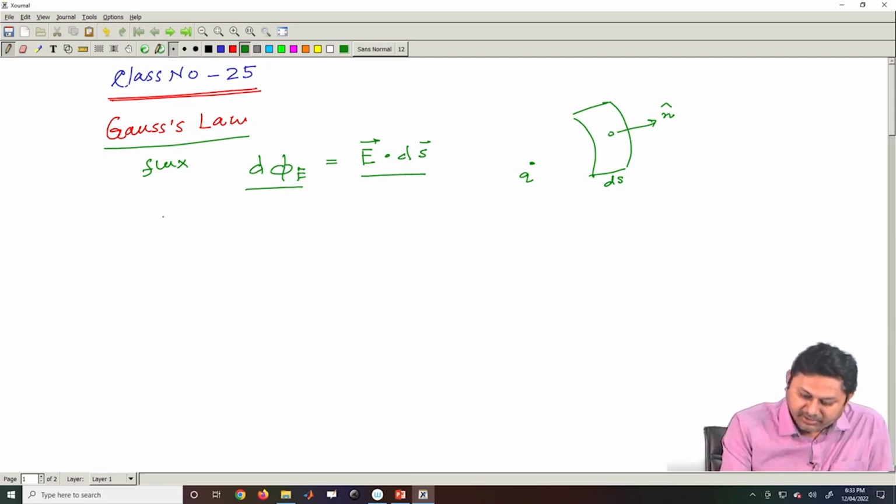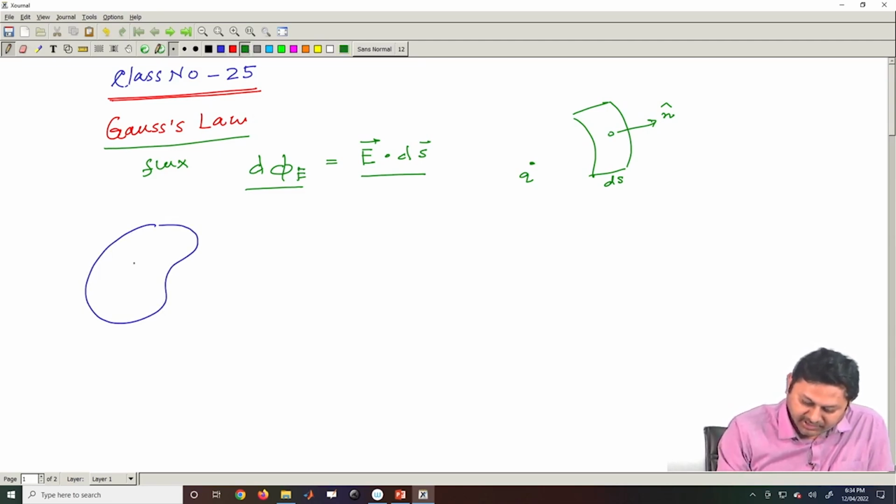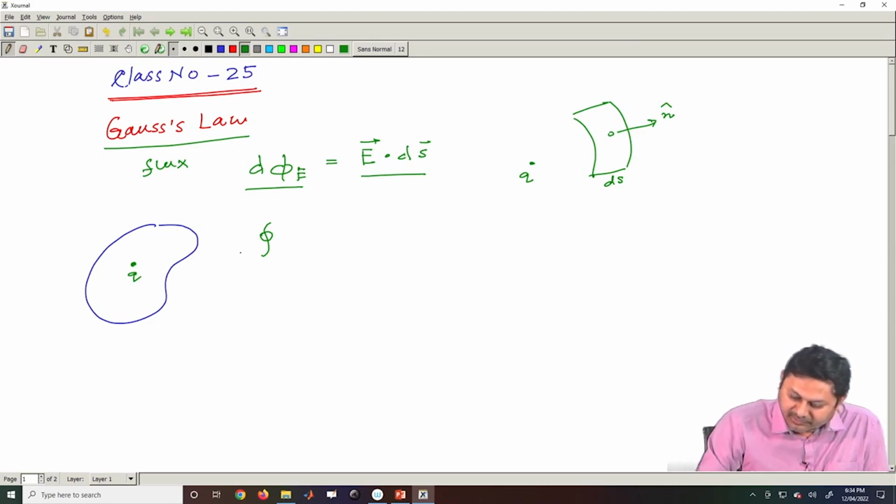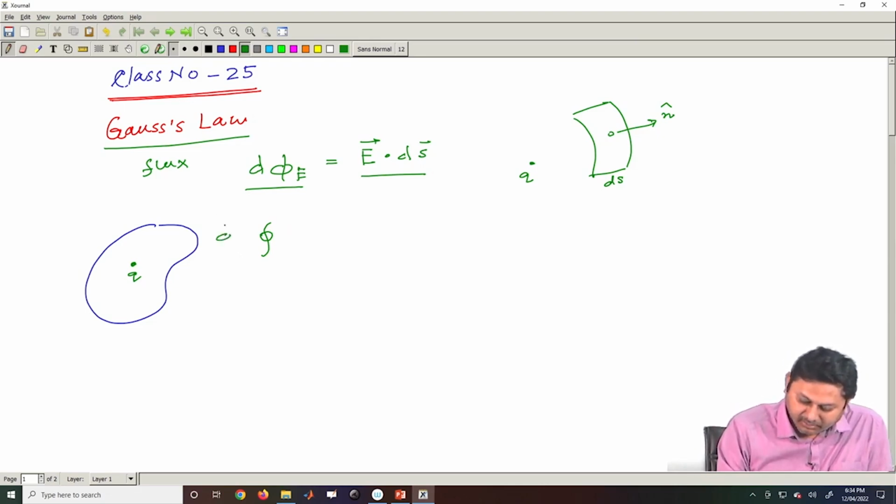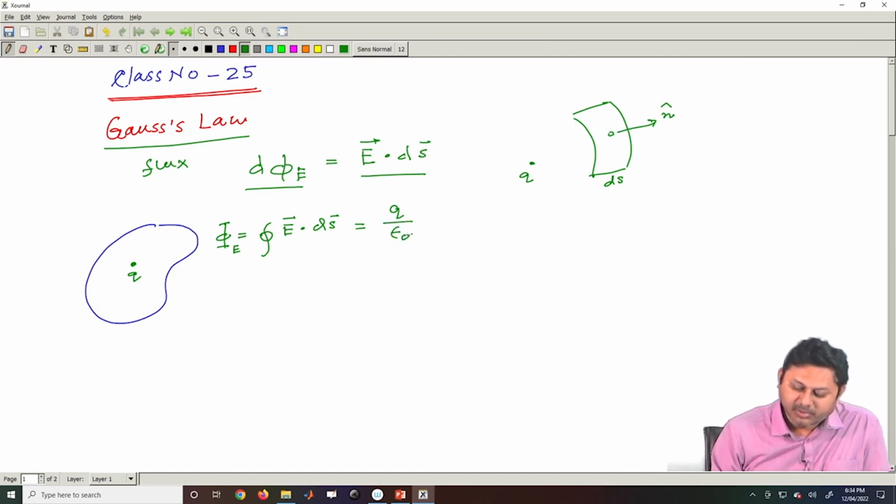Now, if I have an enclosed surface, any enclosed surface, and this point charge q is inside that, and if I calculate the total flux, say phi, that is the total surface integral of E dot ds, and that quantity we figure out is simply q divided by epsilon 0, exploiting Coulomb's law.